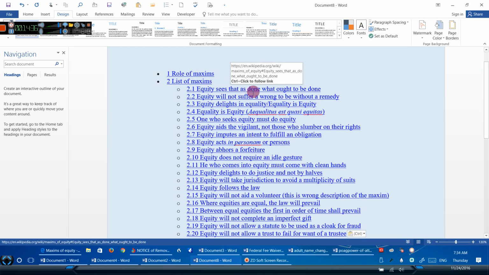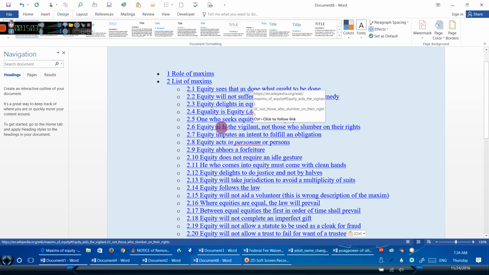Equity sees that as done what ought to be done. Okay, equity will take care of whatever needs to be taken care of. Equity will not suffer a wrong to be without a remedy. Equity delights in equality. Equality is equity. Didn't you just say that, idiots? One who seeks equity must do equity.